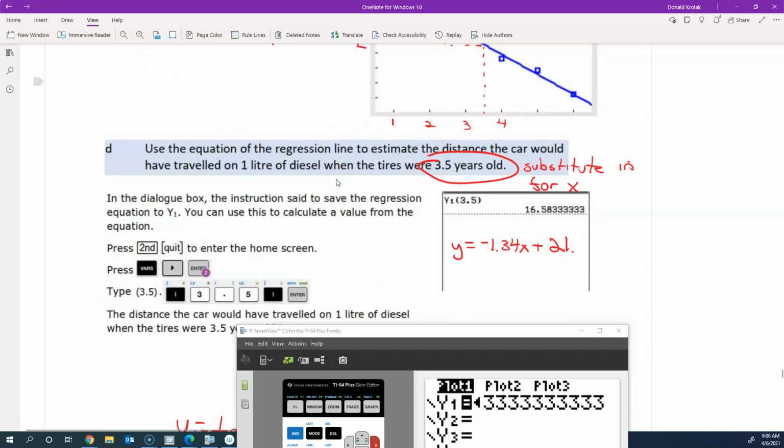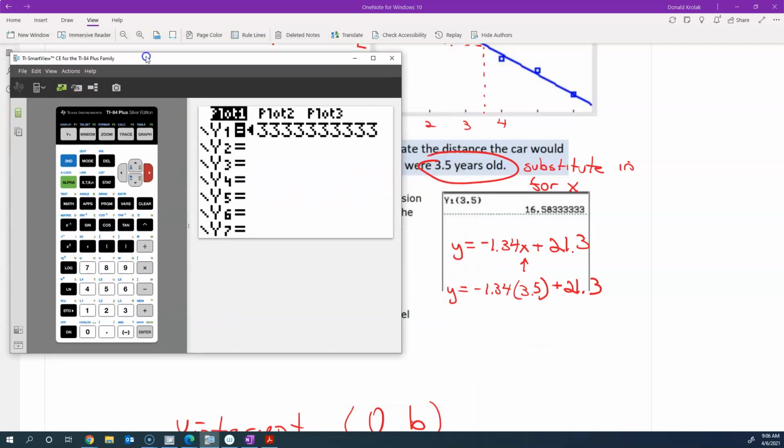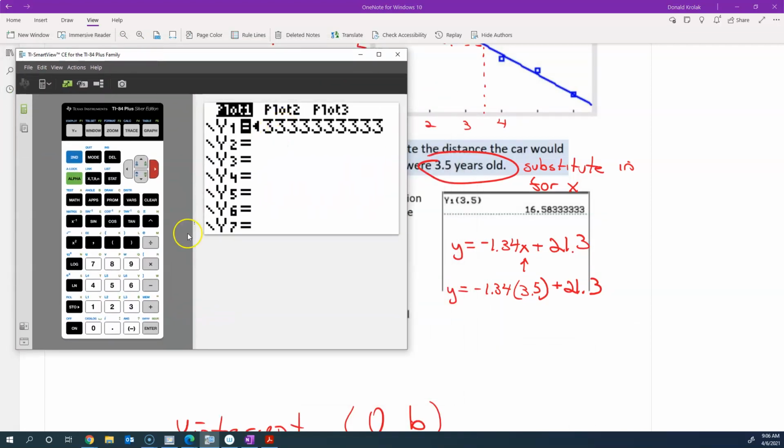If you plugged it into this equation, your answer is going to have a little bit of error in it because you rounded numbers. So to avoid that, we want to plug it into the stored equation.